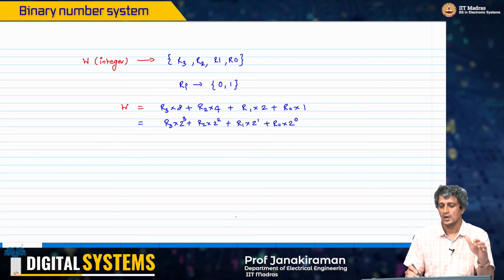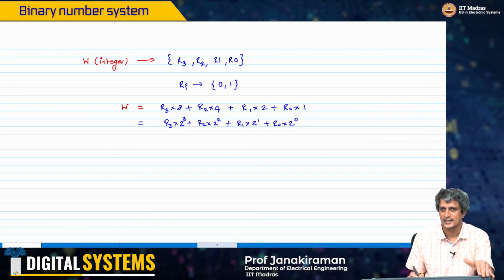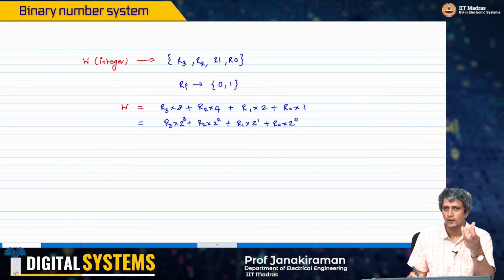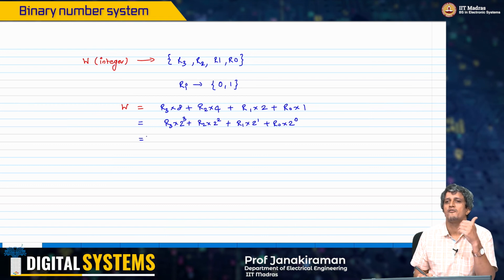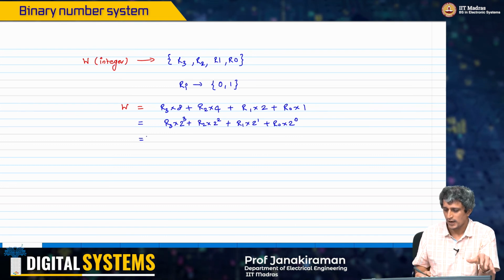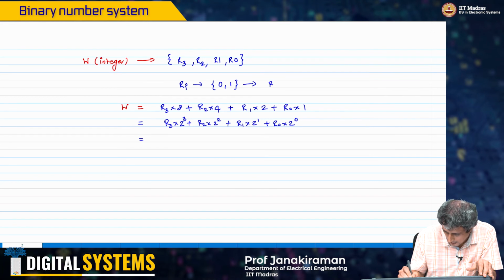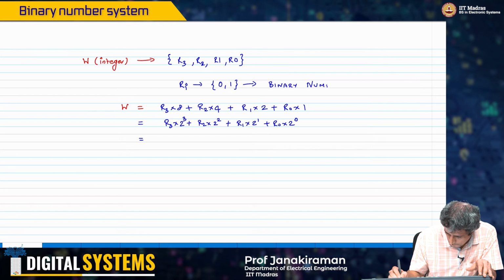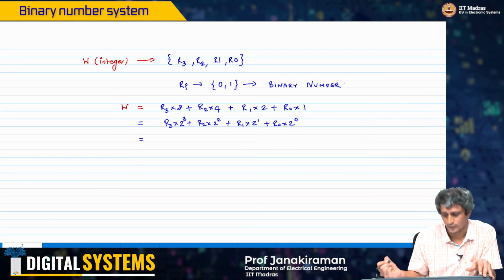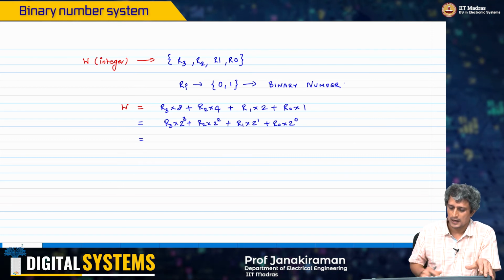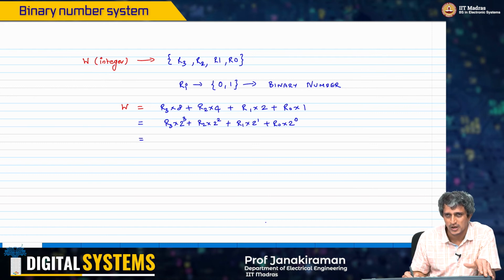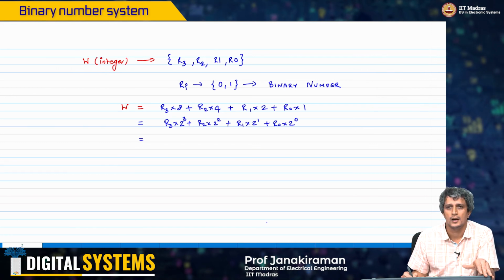Now, each of these Ri's can take only one of two values, 0 or 1. Either the weight is there or it is not there, and therefore these are binary valued numbers. This is a binary number, and a binary number can take only one of two values, 0 or 1. Because they are binary numbers, they are also called a bit.